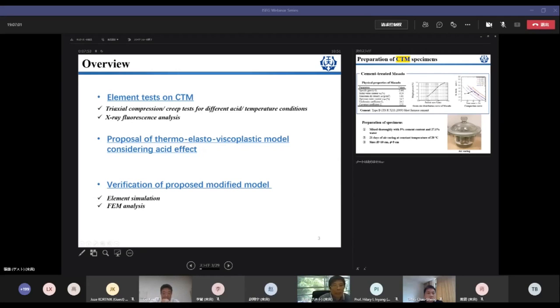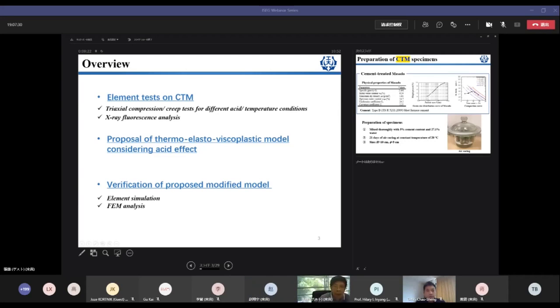The second is to propose a Thermo-Elastoviscoplastic Model considering the acid effects and try to describe the mechanical behavior of the treated soils accurately. The third one is to verify the proposed modified model, both in the element simulations and the FEM analysis.